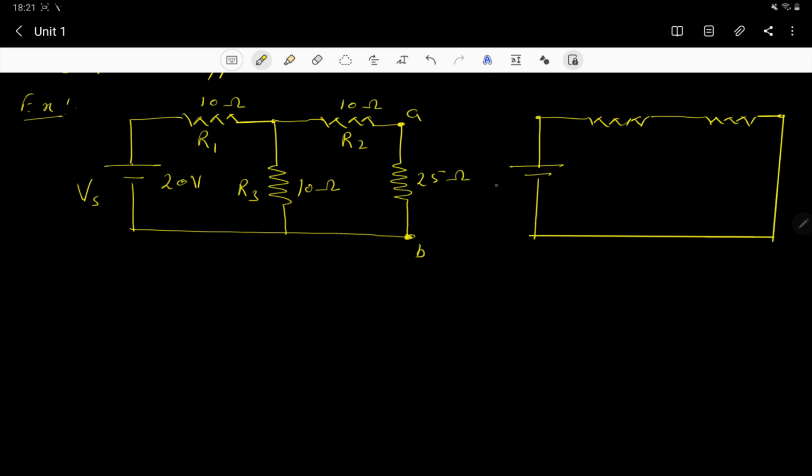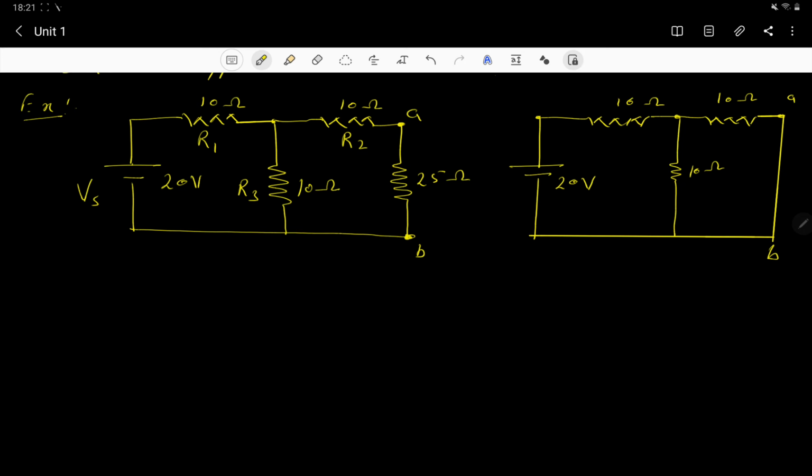This is of 20 volts, a 10 ohm resistance is here, 10 ohm resistance is here, and this is also 10 ohm. This is your terminal A and B.